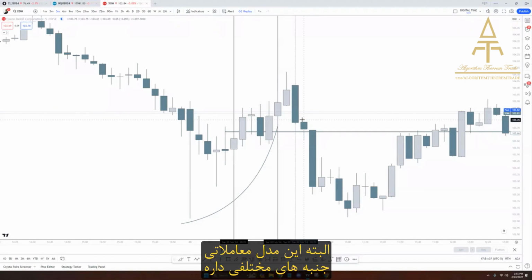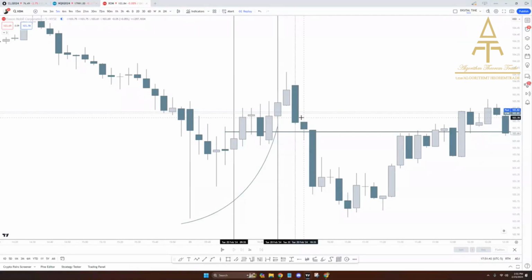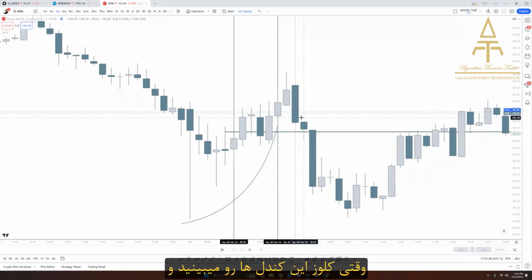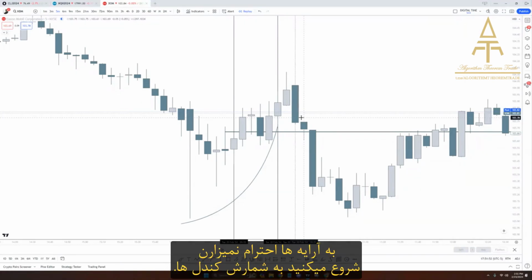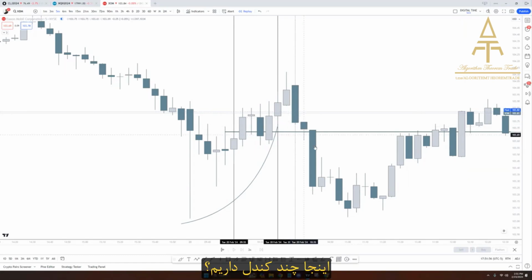And there's a whole other aspect to this. Those that have made it far into the video, we'll talk about this later on, but when you see these candles close and disrespect each other off PD arrays, you begin to candle count. So how many candles is this? Right?